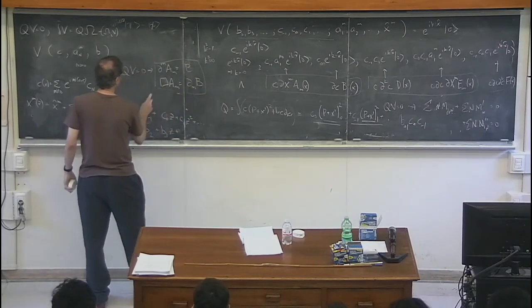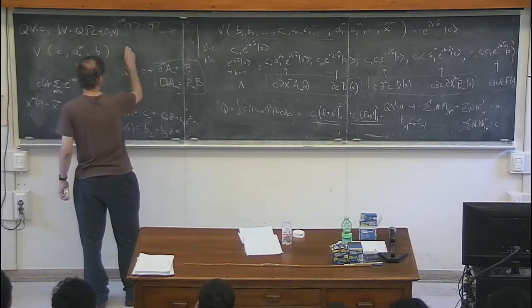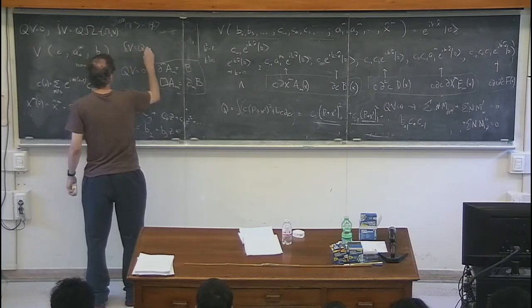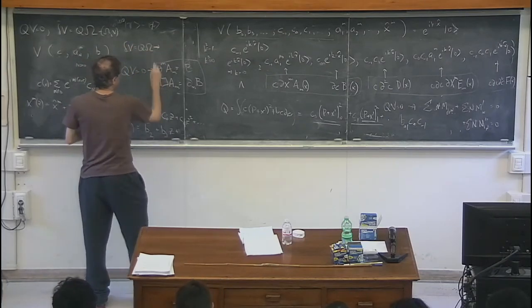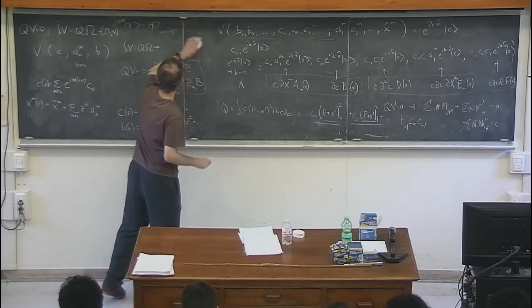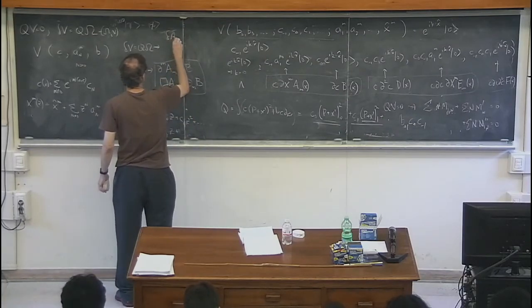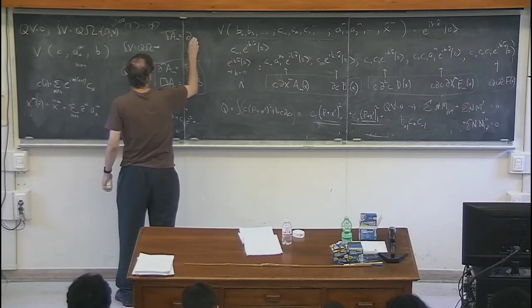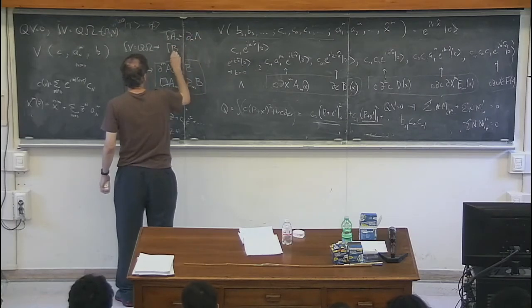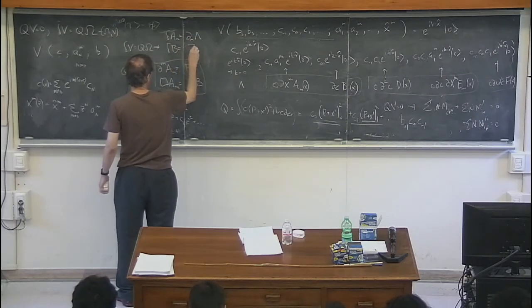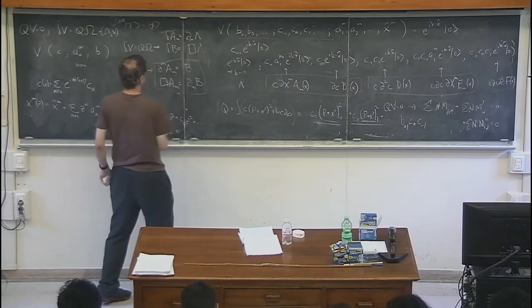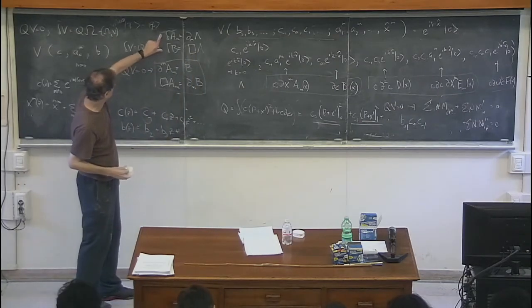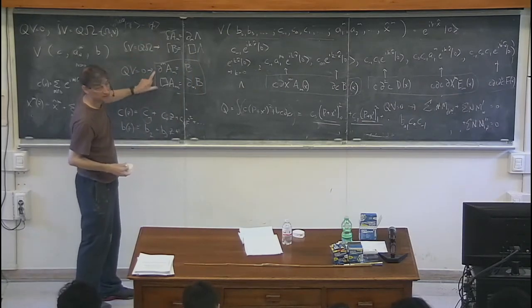And the gauge invariances, which are delta V equals Q omega, you find that this implies that delta AM is equal dm lambda, and delta B is equal box lambda. So you can see that it's easy to check that these gauge transformations leave these equations of motion invariant.